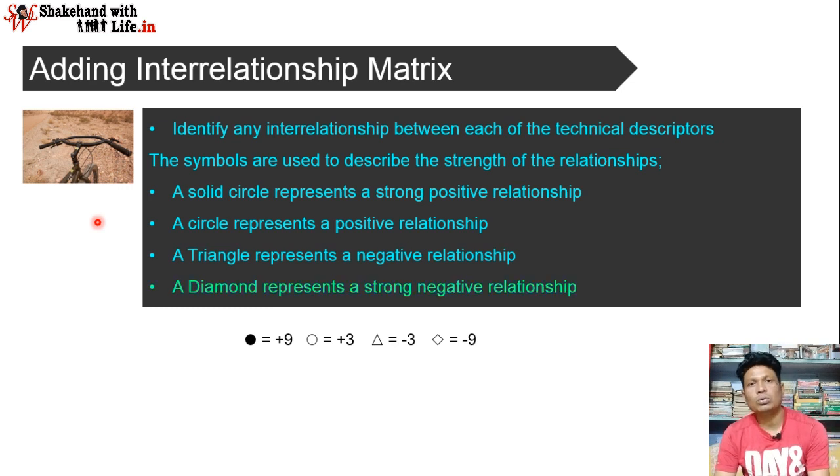If we want to replace these symbols with numbers, we can do that. A solid circle can be replaced with +9, a single circle with +3, a triangle with -3, and a diamond with -9.